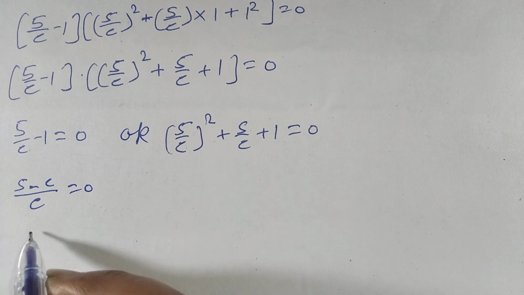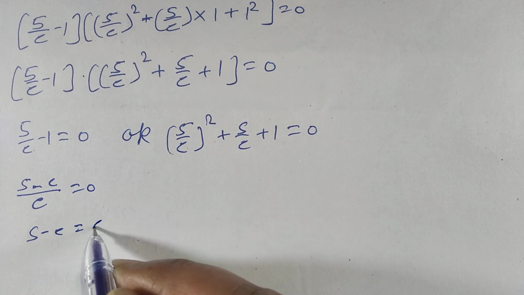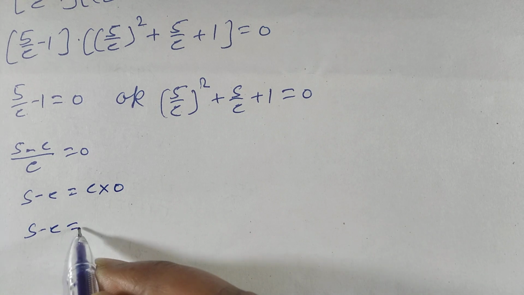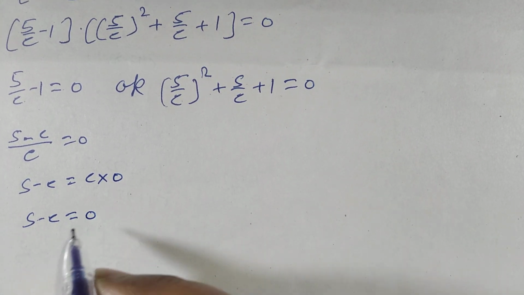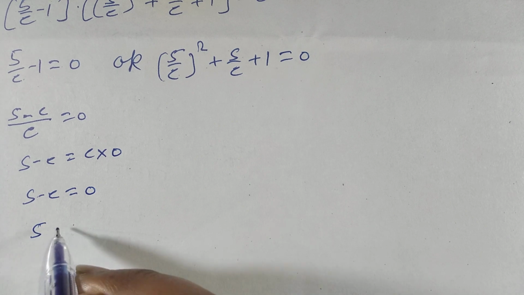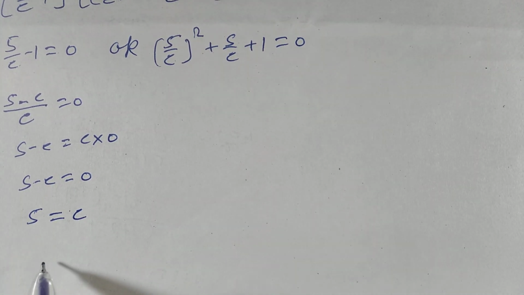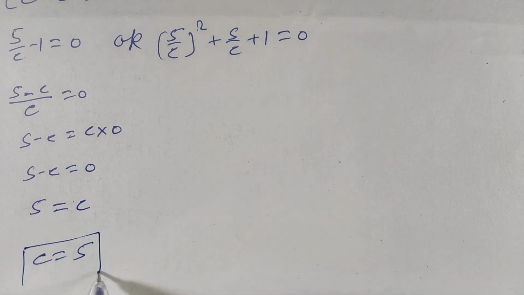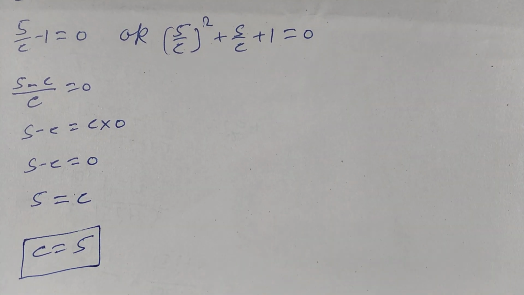This c multiplies on the right side, 5 minus c is equal to c into 0, which is 0. c moves to the right side, 5 is equal to c. We get the first answer, c is equal to 5.